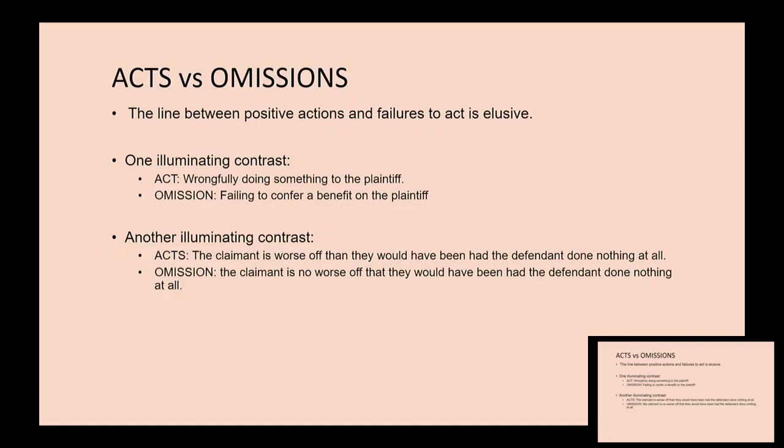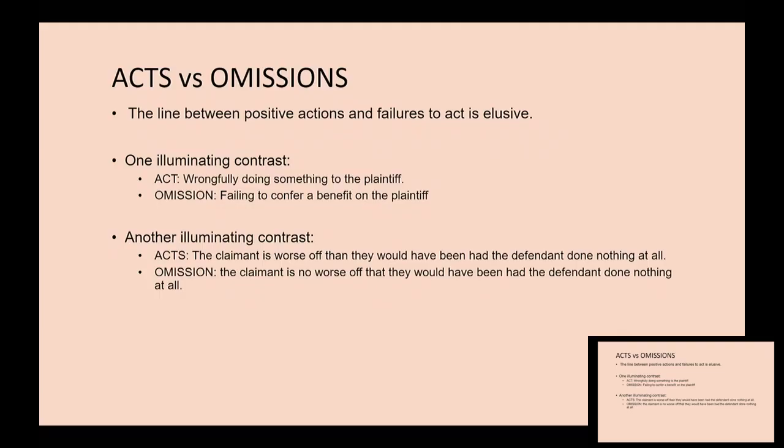So in an act case, the defendant makes the claimant worse off by doing something positive. So the claimant is worse off than they would have been if the defendant had done nothing at all. Okay, so that's how we tell if we're dealing with an act.